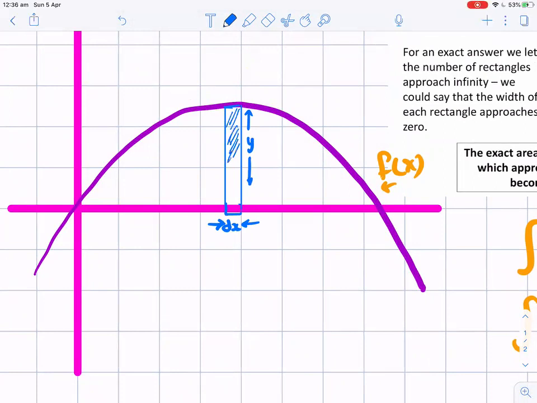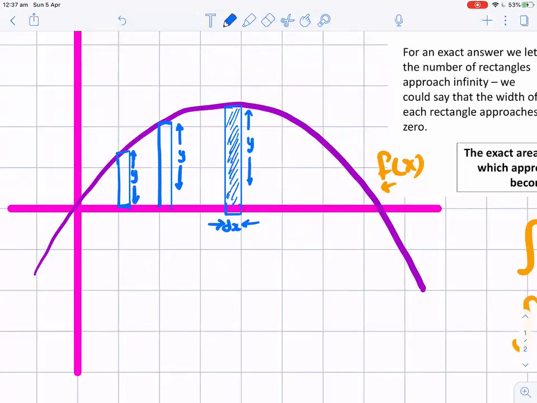If we take another strip here, excuse my drawing, and another strip here, they are all meant to be the same width, but the y here is different from the other y, because it is the height.